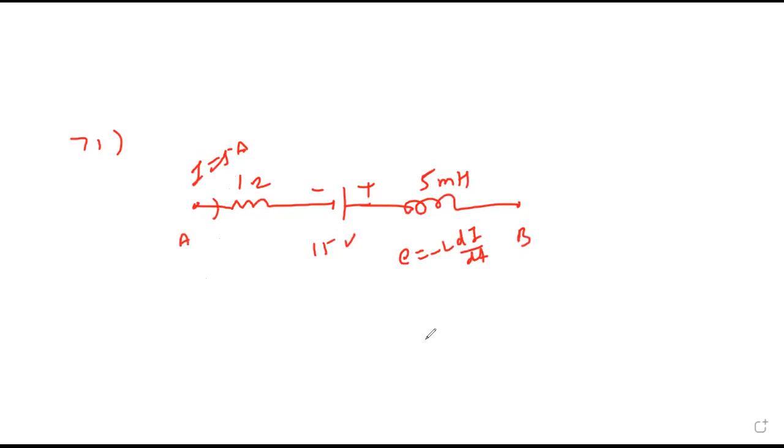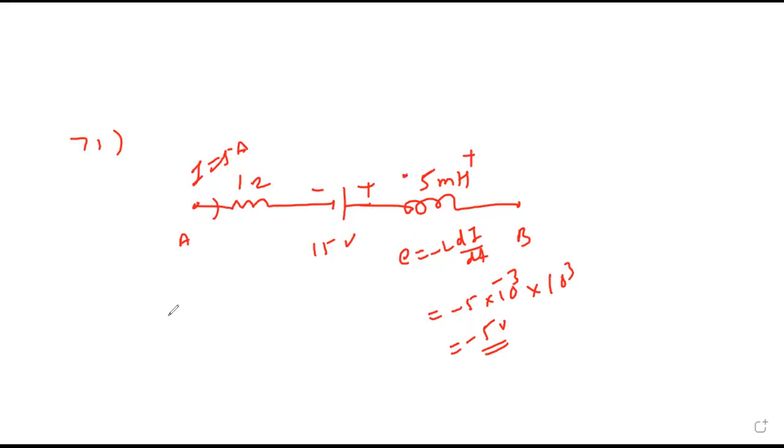Correct? So minus 5 into 10 raised to minus 3, with the current changing at the rate of 10 raised to 3. Minus 5 volt will be induced here, in the opposite direction of the current. So here plus and here minus.